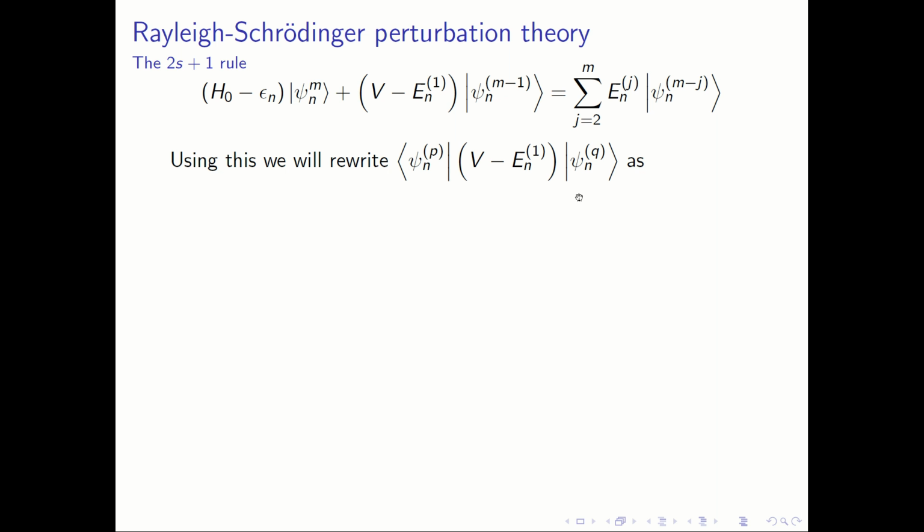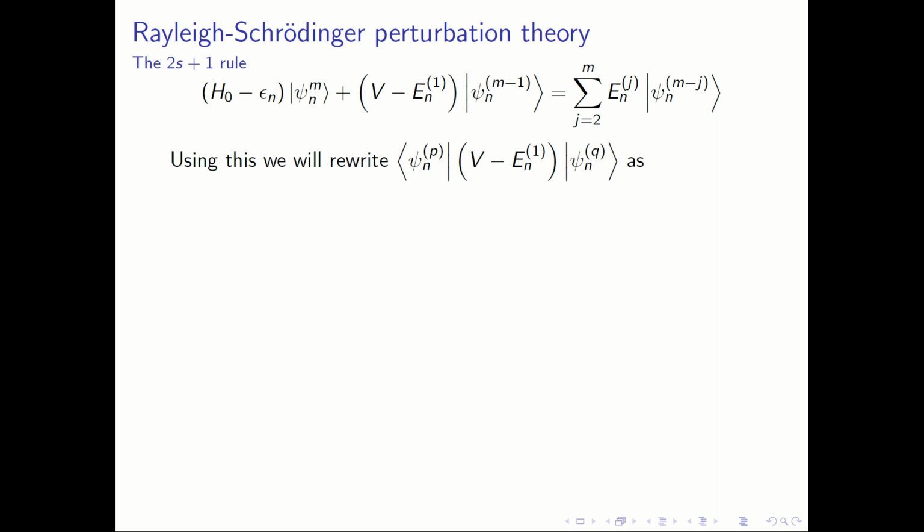So we are just going to try to rewrite psi np, psi nq in a more symmetric way. Notice that you had only psi n0 on one side and psi n 2s on the other. But somehow if I could bring up the psi n0 to psi n1, psi n2 and so on, and at the same time bring down the psi n 2s to psi n 2s minus 1, psi n 2s minus 2 and so on, we will sort of meet somewhere in the middle. And that is the basic idea behind this 2s plus 1 rule's derivation.